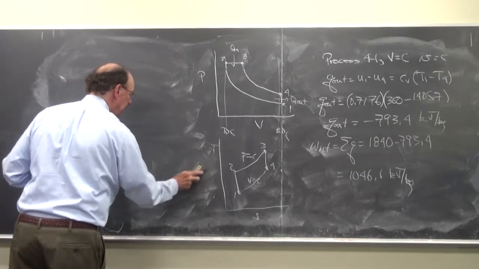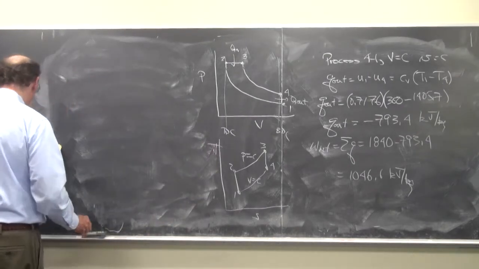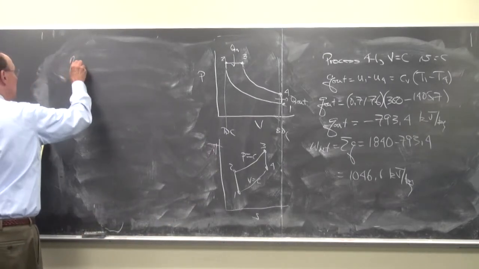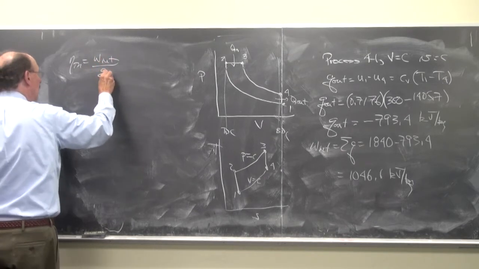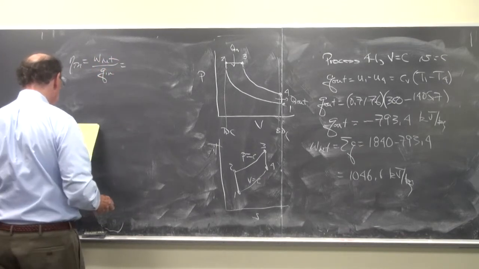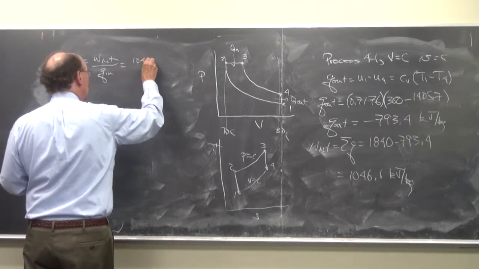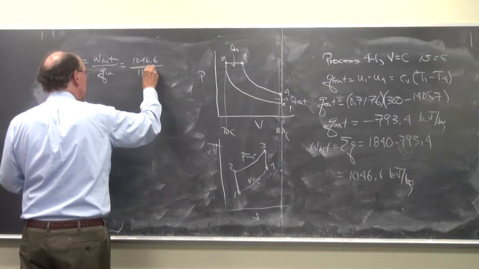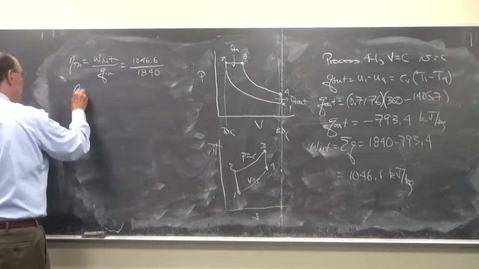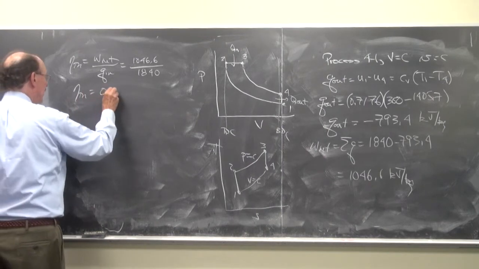So we'll do that next. So the thermal efficiency is W net over Qn, is equal to 1046.6 over 1840. So the thermal efficiency is equal to 0.569.